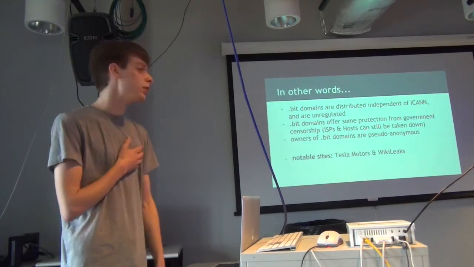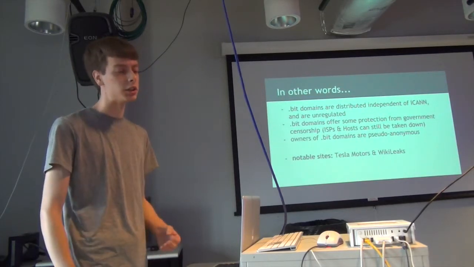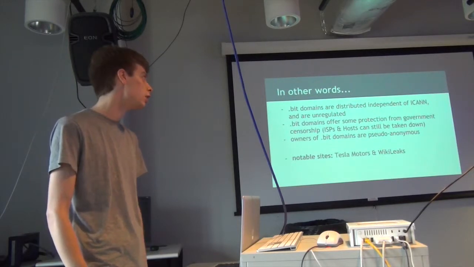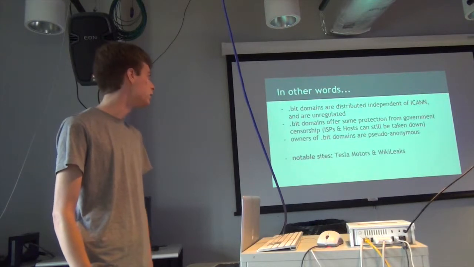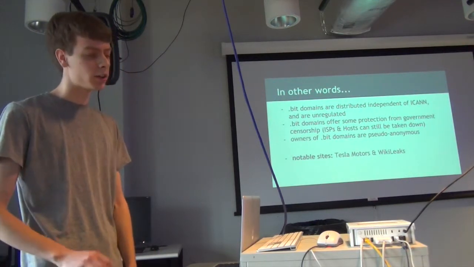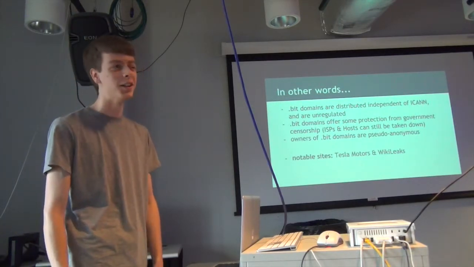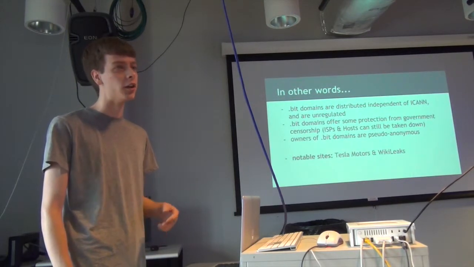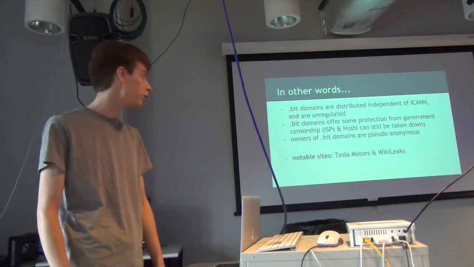Namecoin distributes .bit domains, and these .bit domains are distributed independent of the ICANN community. I forget what it exactly stands for, but it's the International something of naming, and basically they just say what domains can be taken, what can't. They're in charge of creating .com, .net, .biz, all that good stuff.